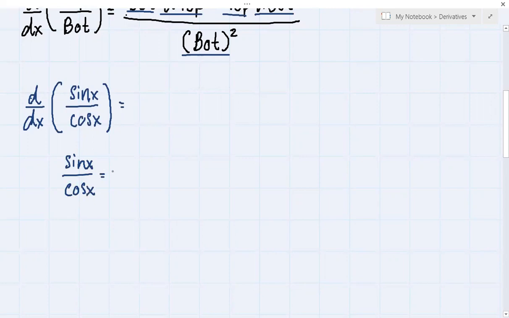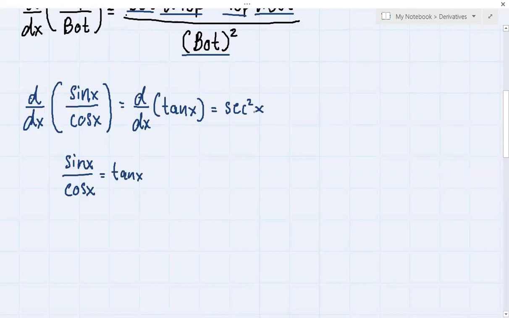This is the same as what? Tangent x, di ba? So therefore, we can rewrite sine x all over cosine x as tangent x. Okay? So, what will be the derivative of tangent x? The answer is secant squared x, right?